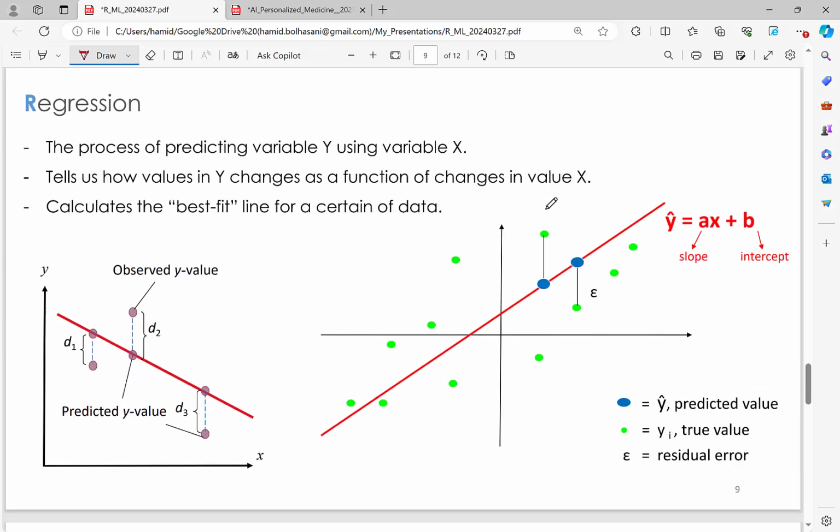Before that, our purpose is to find the relationship between, as I told you, this x and its effect on y. So we are in linear problems, we are seeking this formula. This is a very simple problem. We just need two parameters here: the slope of this diagram, and the intercept.